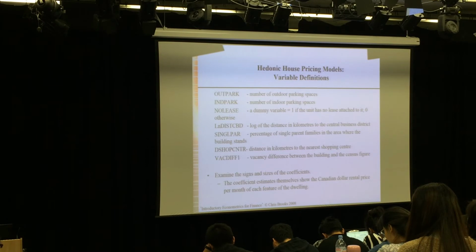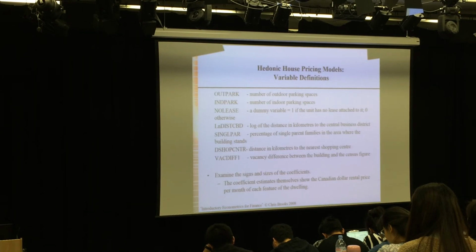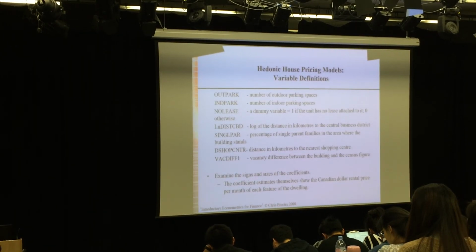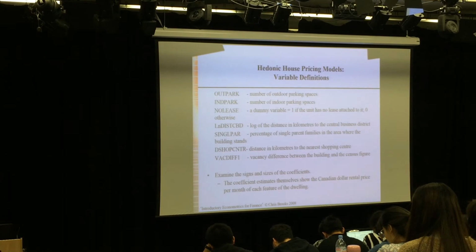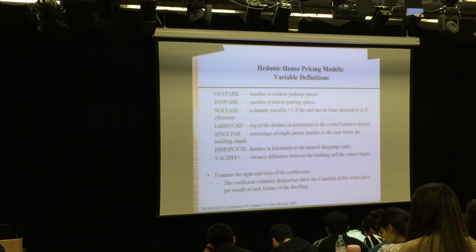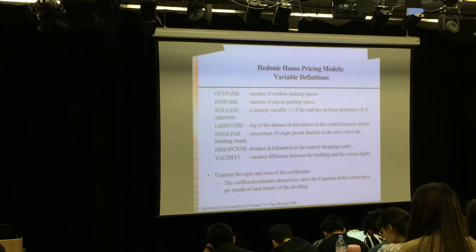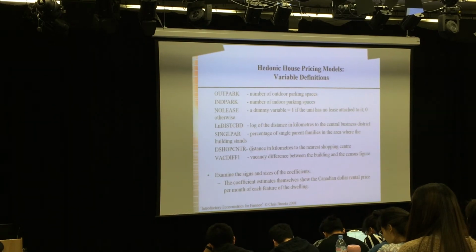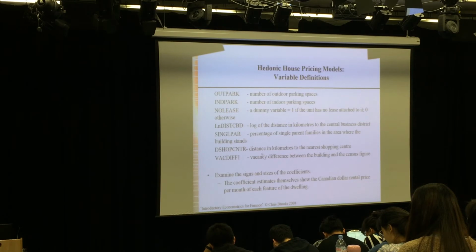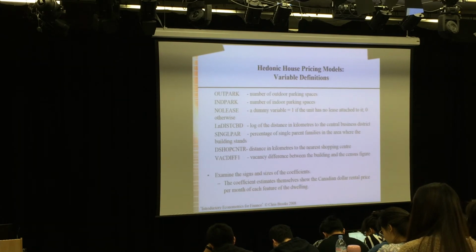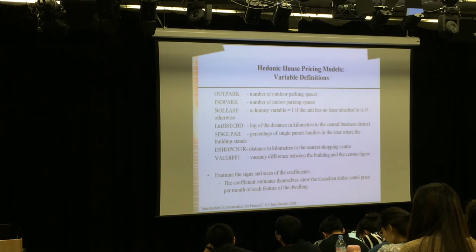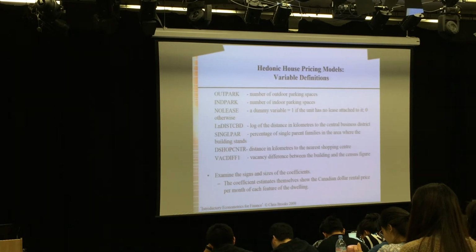How far is it from a business district? How many single parent families are in the area? Okay, so that one's a bit discriminatory. It's sort of implying that a worse area has more single-parent families. And the distance to the nearest shopping centre. And the vacancy difference between the buildings. So how vacant is the building, how many empty units are in it.